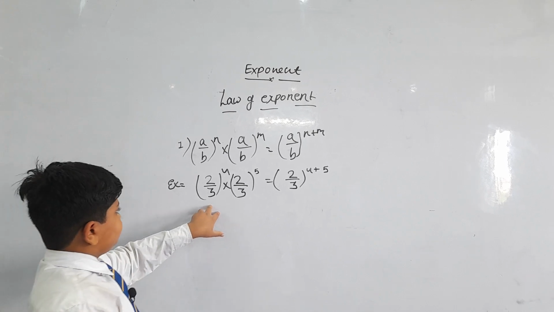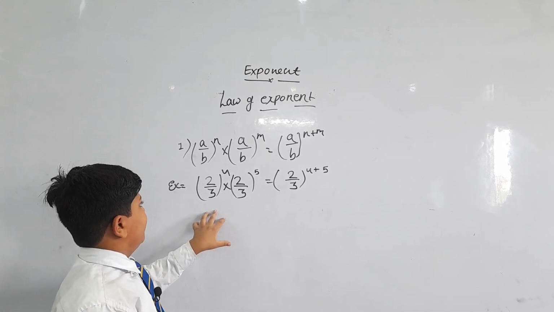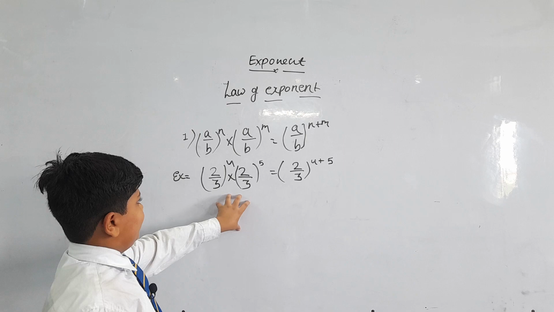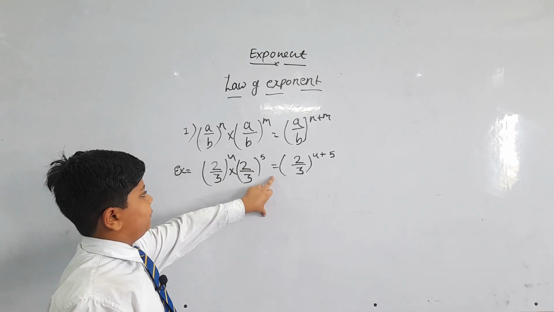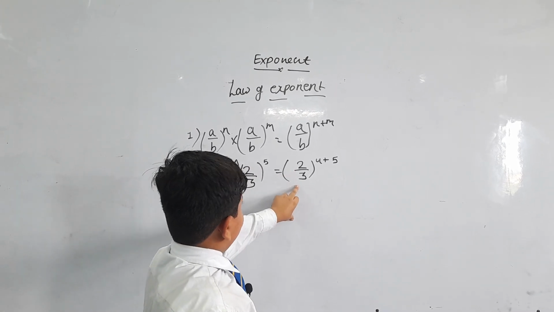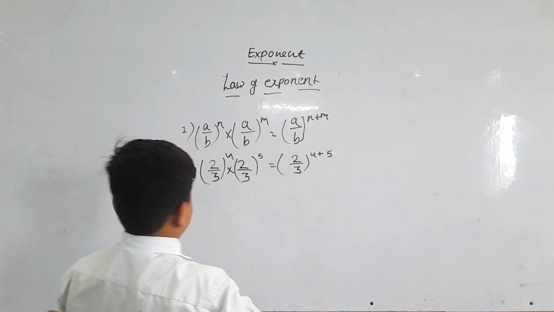So we take the number 2 to the power 3, where the base is the same, the sign is multiply and the power is different, we keep the base common and the powers are added.